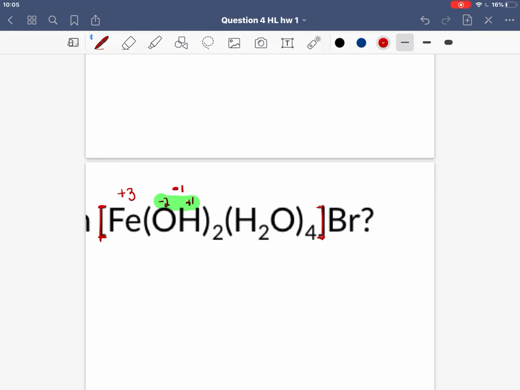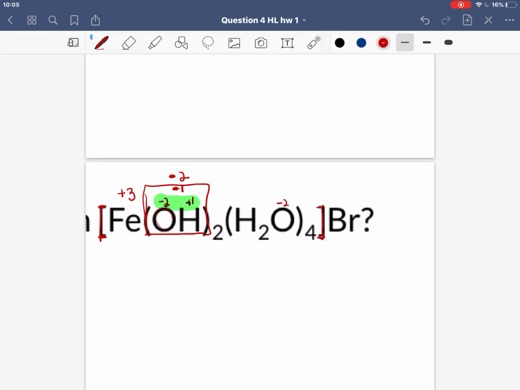There's 2 of them in total, so this entire OH2 should have a charge of -2. So I'm just adding up the oxidation states for each atom that's present. So oxygen has an oxidation state of -2, hydrogen +1, so OH altogether is -1. There's 2 OHs, so -2.